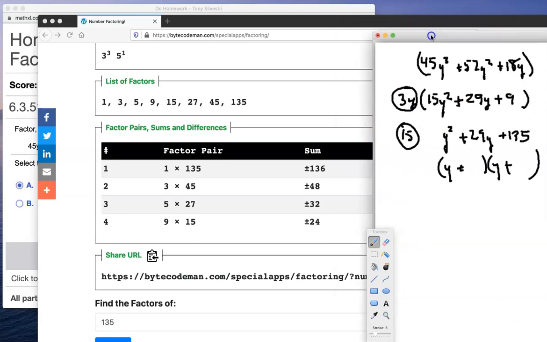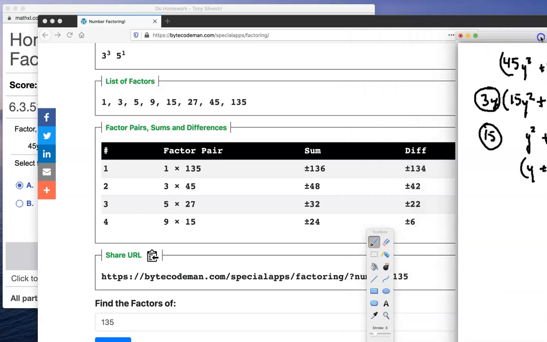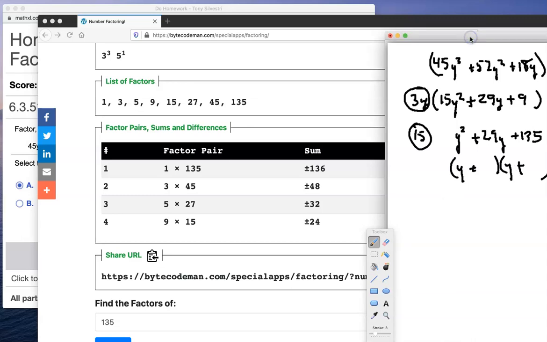Wait a second. Did I make a mistake? 57. Hold on. I think I made a mistake. Let's see. 57 divided by 3 is 19. That's not 29. It's 19. And I still have a problem here. Hold on.